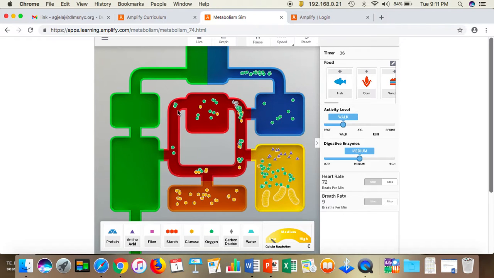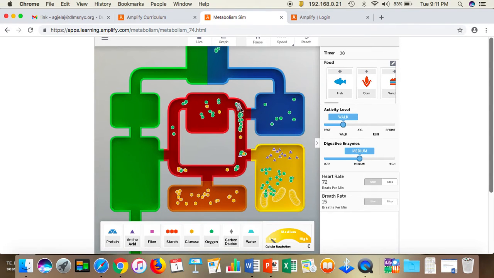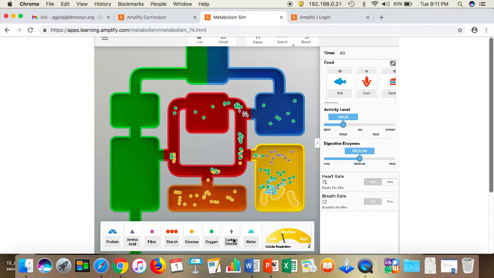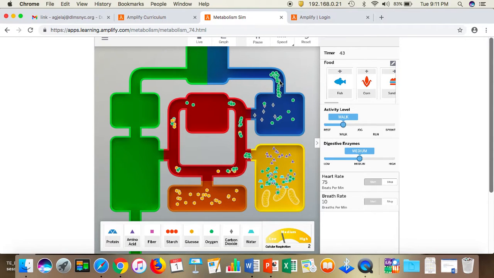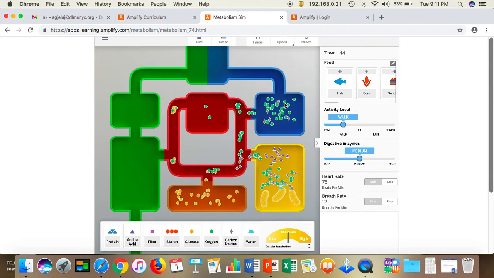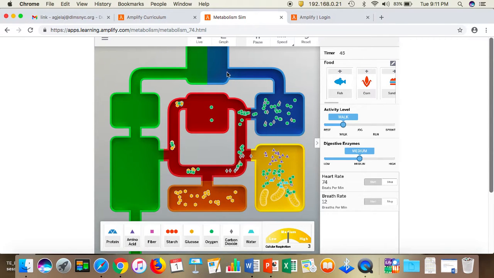And if you notice, as it goes through your circulatory system, it also expels. If you look at here and you look at the key, this is carbon dioxide. So carbon dioxide is being expelled through your mouth and through your nose, right? So you're going to see soon the carbon dioxide moving upwards.